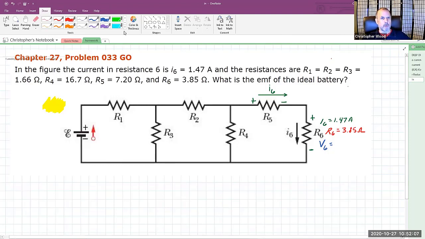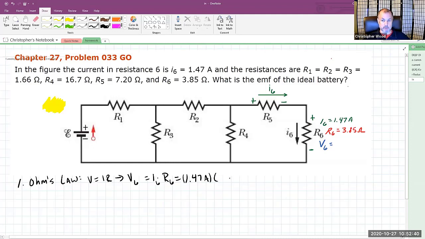Let's bounce into Ohm's law. Ohm's law says V equals IR generally. So specifically, the voltage drop across resistor 6 equals the current going through resistor 6 times the value of resistor 6. The current going through resistor 6 was given as 1.47 amperes. The resistance of resistor 6 is 3.85 ohms.